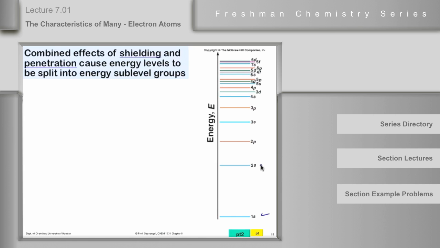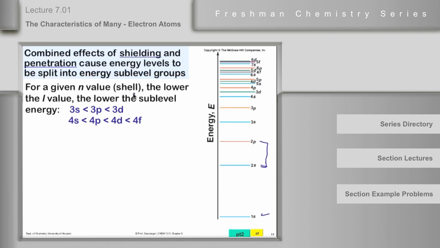But the 2s and the 2p are arranged so that, like in lithium, the 2s is lower energy than the 2p. So when you're doing the electron configuration, after you've filled the 1s, you fill the 2s next. Once the 2s is filled, then it goes to the 2p. The same thing will be true for the 3s, the 3p, and the 3d. Okay?